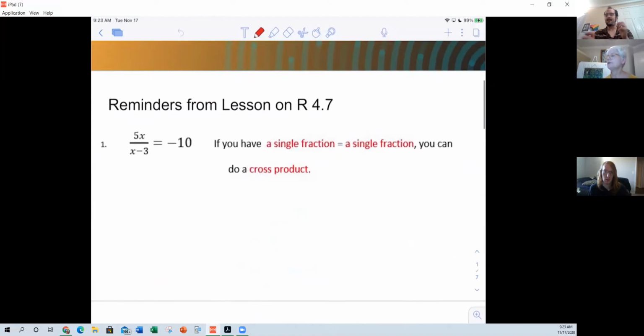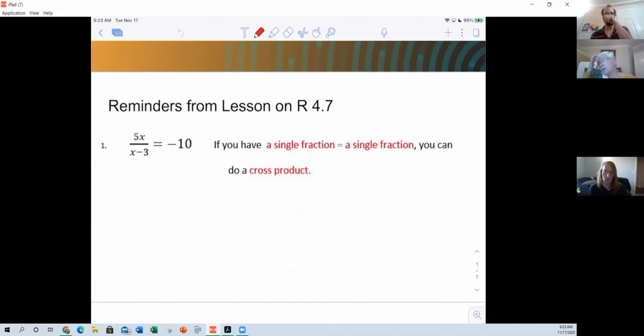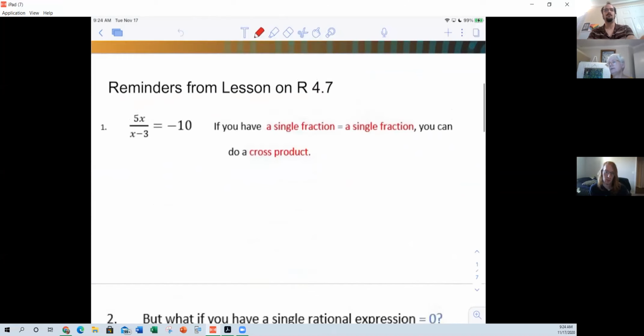So first of all, go over a couple of reminder type of problems for lesson 4.7. You can always multiply through by the lowest common denominator, always, always. But if you have a single fraction equal to a single fraction, then multiplying through by the lowest common denominator is exactly the same thing as doing a cross product.